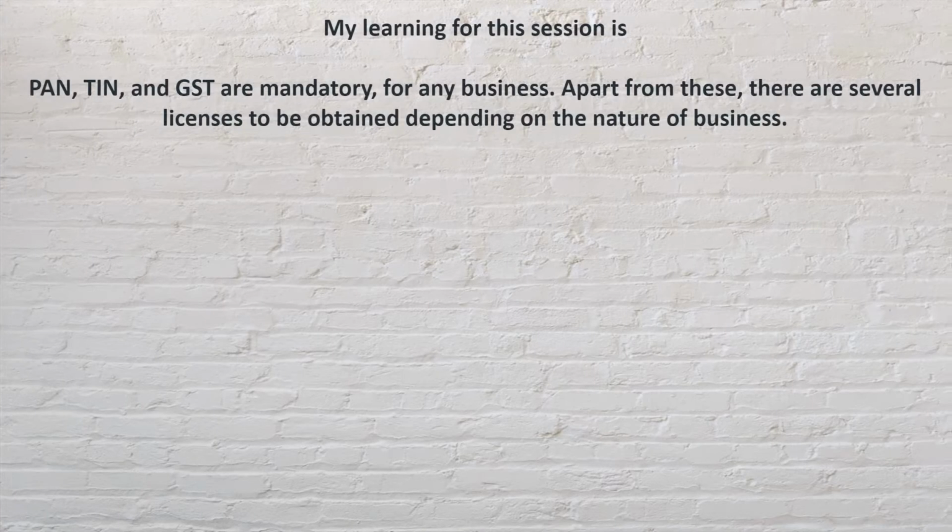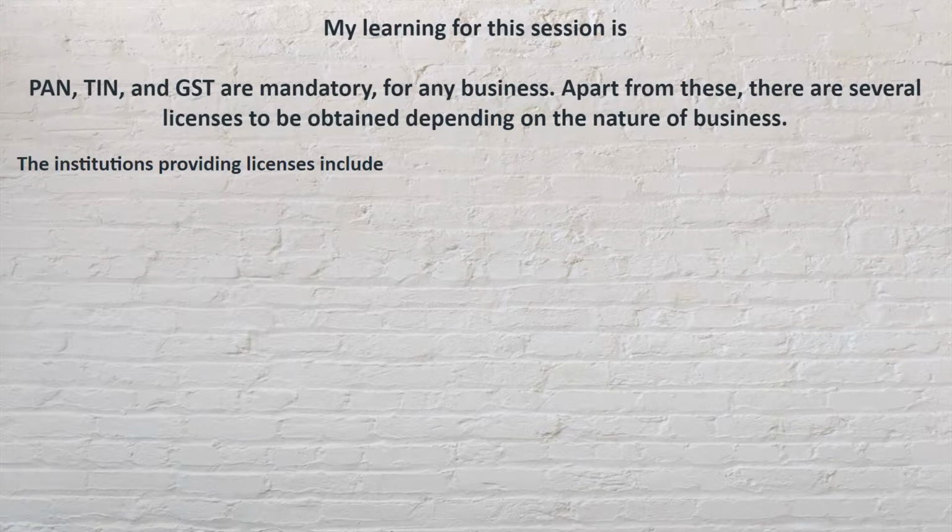My learning for this session is PAN, TAN, and GST are mandatory for any business. Apart from these, there are several licenses to be obtained depending on the nature of business.